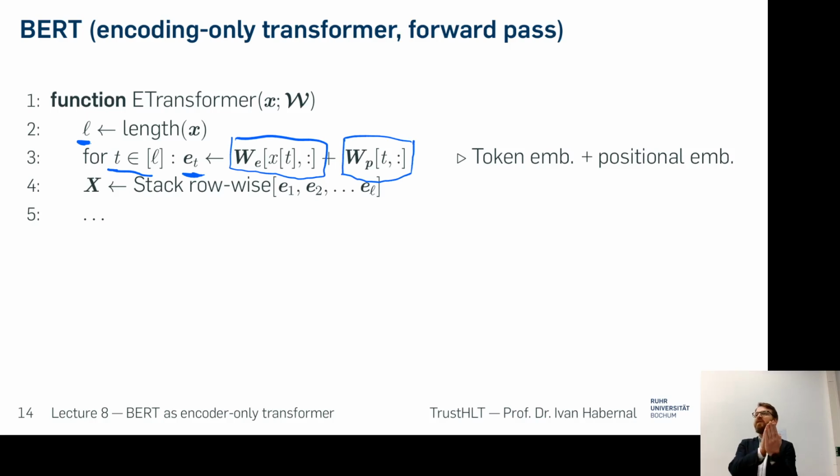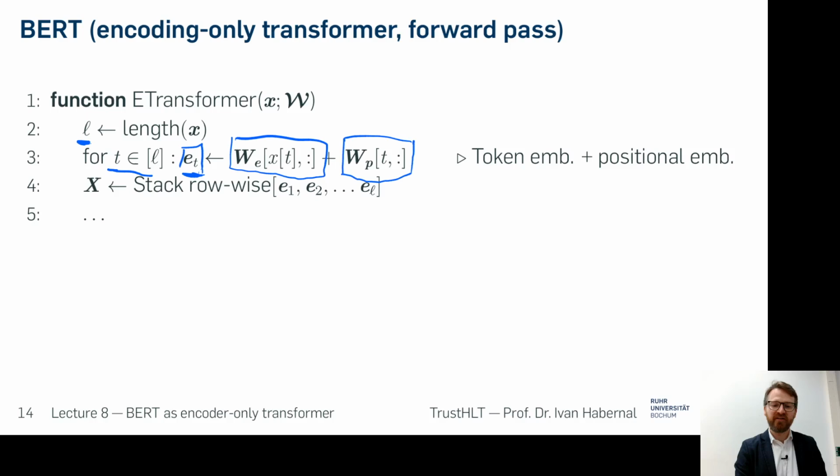Which means for each token we have a unique representation, so to say, because the word bank at position 1 will be different from bank at position 5 because of the positional embeddings. And then what we're going to do is stack them row-wise.